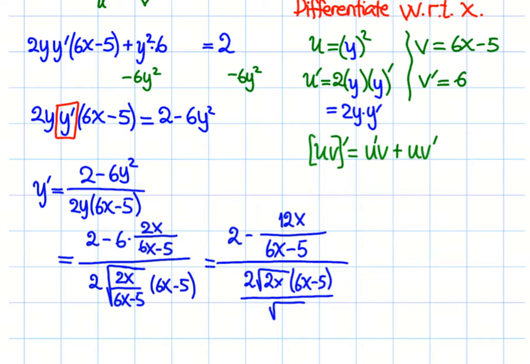Now to simplify this, we find the common denominator, which is 6x minus 5. So I will multiply 6x minus 5 top and bottom.